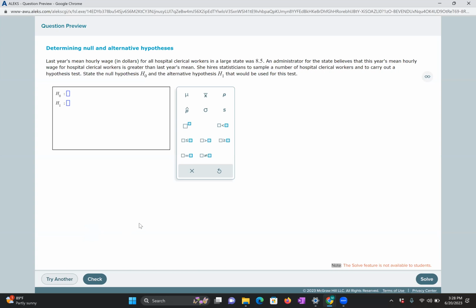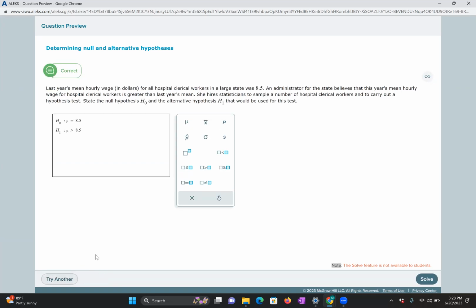So basically, we're going to simply say mean is equal to 8.5. And in this case, because they're saying it's greater than, the mean is greater than 8.5. That's all they're asking. Let's check our answer. There you go.